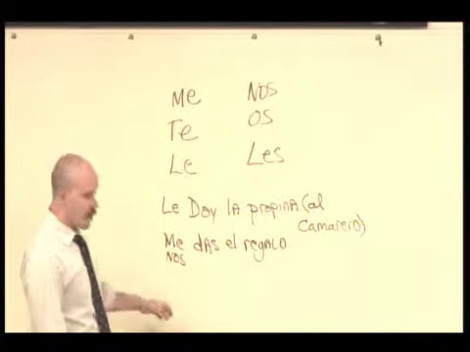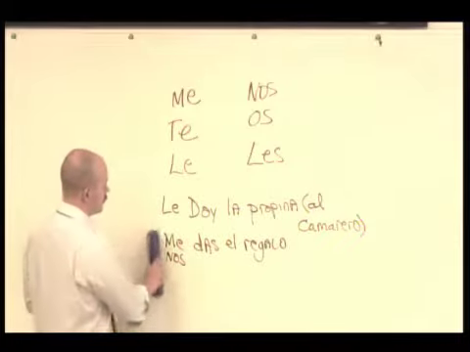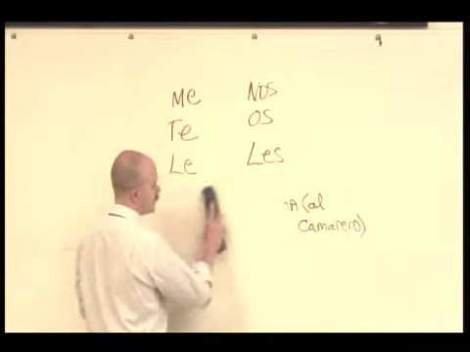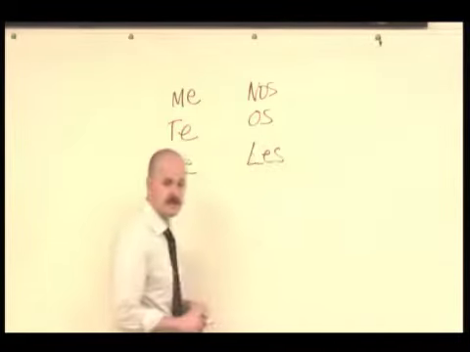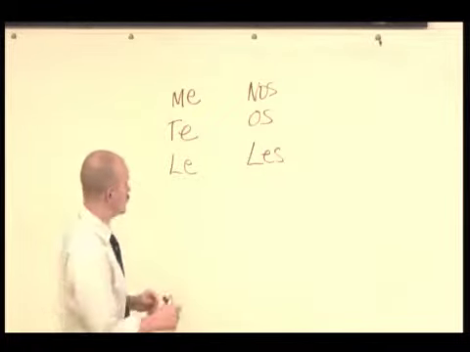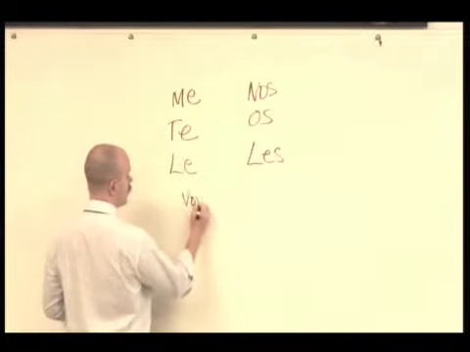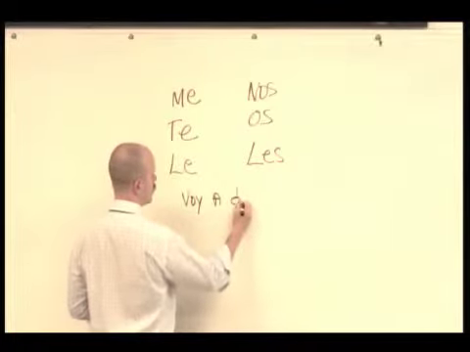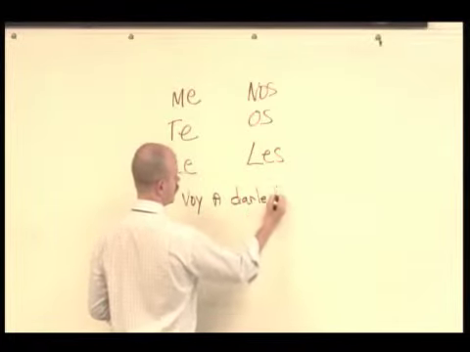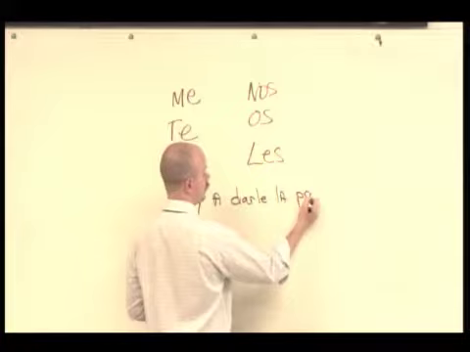Okay? We can also, as I said, place these indirect object pronouns at the end of an infinitive or a present participle. So for instance, voy a darle la propina.